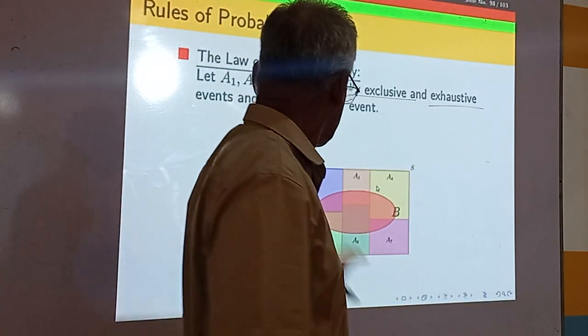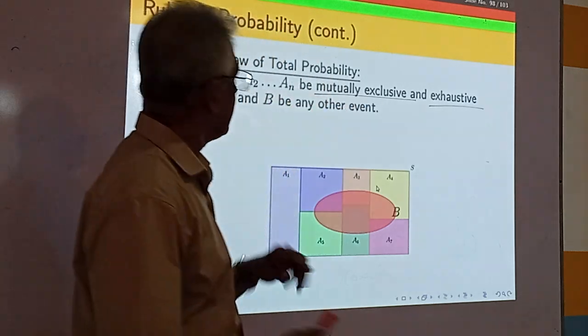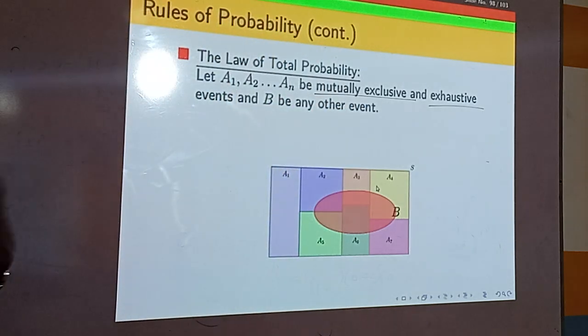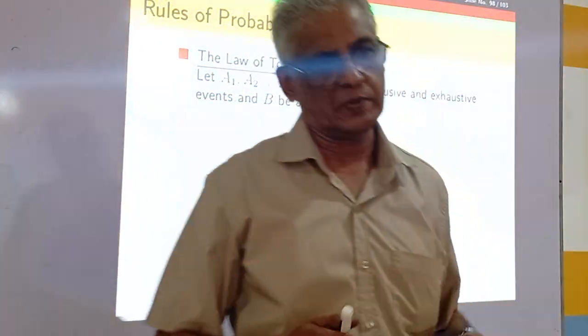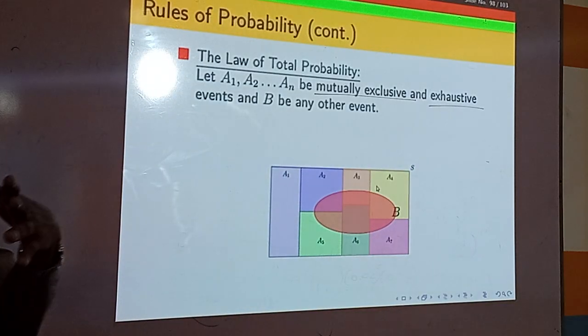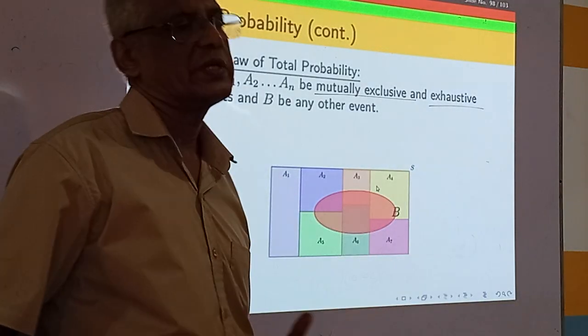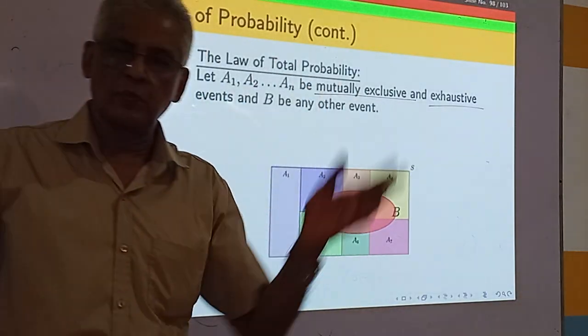Exclusive means there is no intersection among A1 up to An, in this case N events. Exhaustive means the union of those has to be equal to the sample space. So that means we know some conditional probabilities where the conditioning events actually make up the whole possibility.